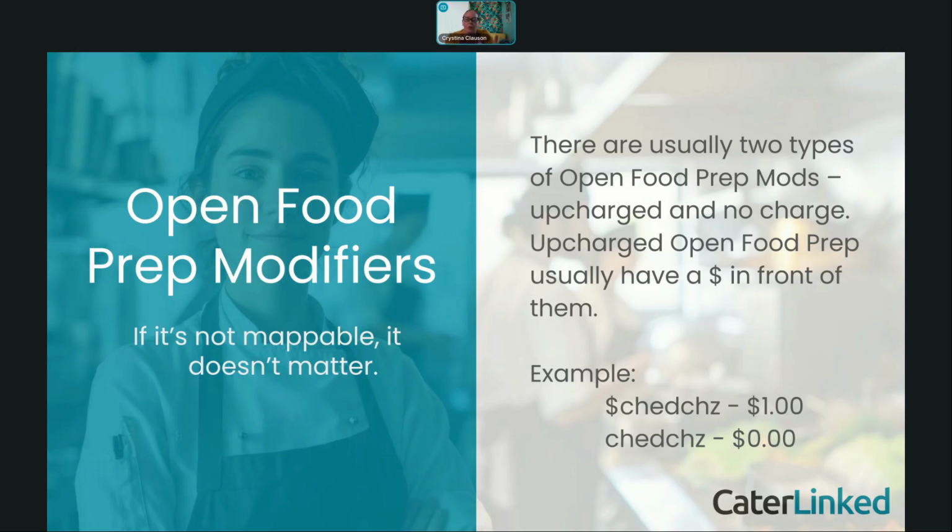Something to know here is it's a really good idea to get in there and understand what open food prep is available. Because let's say that you're doing a catering event and you really want them to be able to add tablecloths, for example.